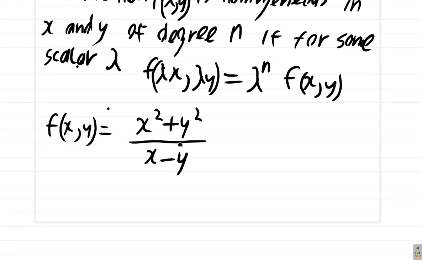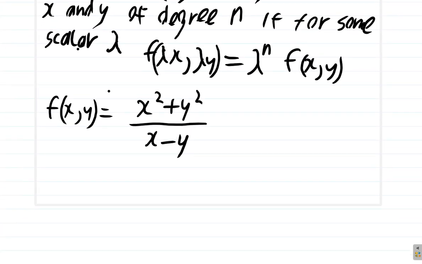Well, we can test it. Suppose we multiply x by a certain number and y by a certain number. Well, not a certain number, but some representative of a number, lambda. Alright?